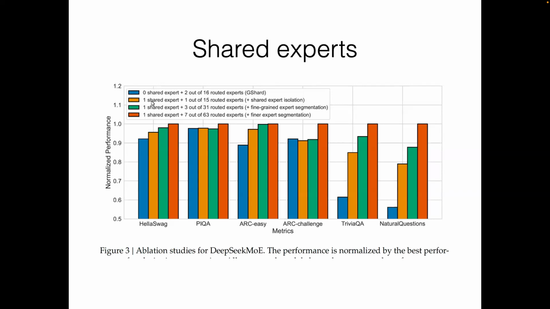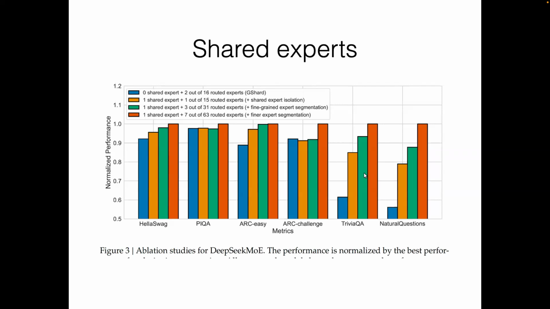Now here they add in the shared expert, and then here in green and red, they're boosting the amount of fine-grained experts they have. The fine-grained experts and shared experts were both proposed in this paper, and you can see that they're getting these nice gains from doing both of the techniques.